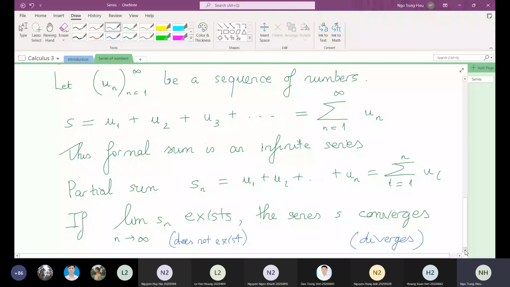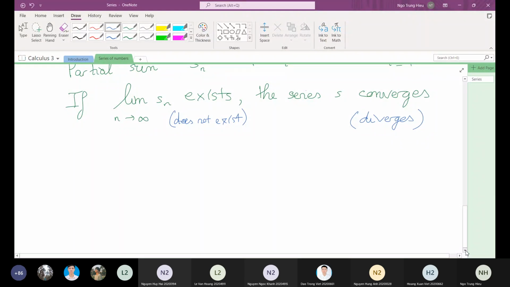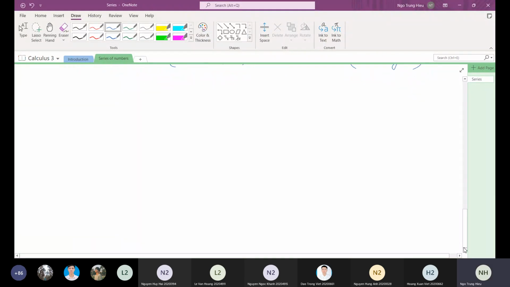All right. So let's start with the very first example that we saw at the beginning, 1 plus 1 plus 1 and so on. So here un equals 1 for every n.